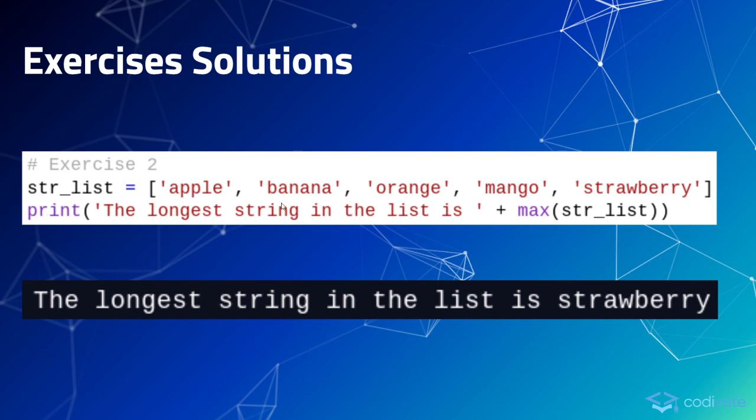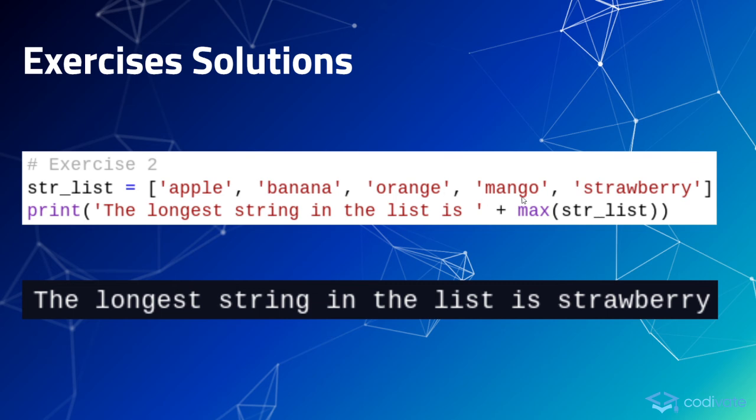We are printing the longest string in the list is, and then max of the string list. So we can use the max method like this, not only to find the largest number in a list, but also to find the longest string in a list. It correctly finds that the longest string in the list is strawberry.